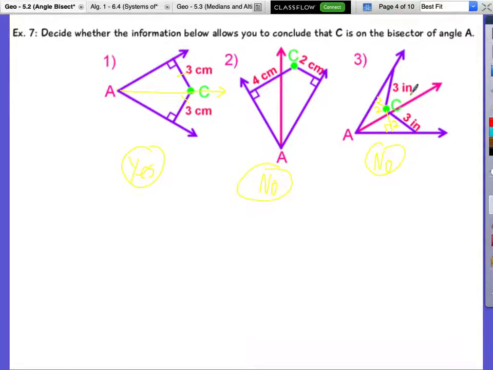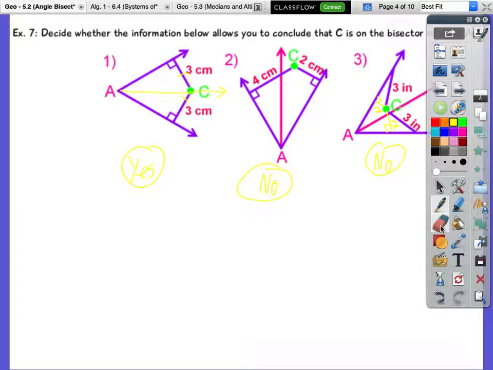Would we then be able to say it's on the bisector? Yes, even though it doesn't look like it, if we're given that it's a right angle to those sides and equidistant, we would know. But that's not what we were given at all.